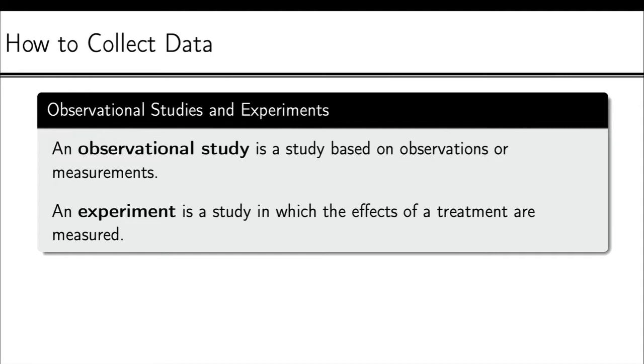I'm controlling the amount of sunlight, and that would be an experiment. And then I measure how fast they grow or something. So an experiment is where we are controlling something and then measuring outcomes. An observational study is we are just collecting information without having a hand in what's happening.